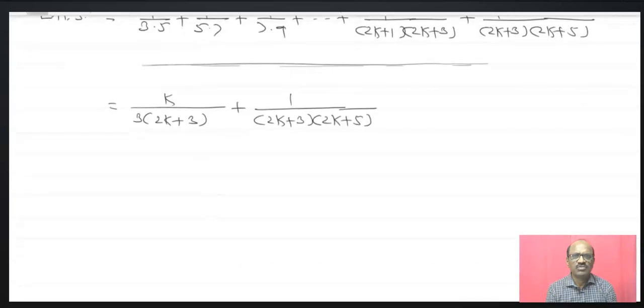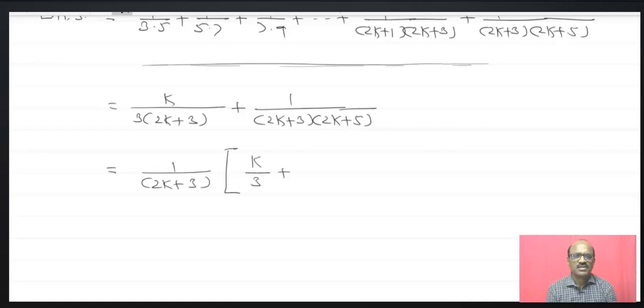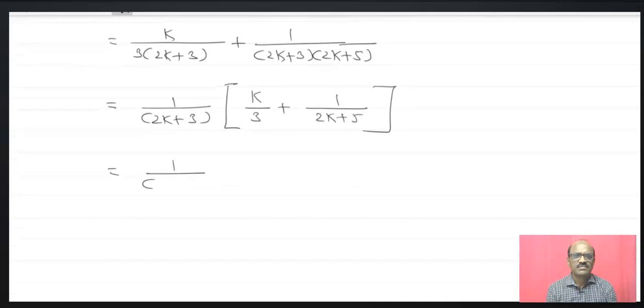Take 1 upon 2k plus 3 as common. Therefore 1 upon (2k plus 3), k by 3 plus 1 upon (2k plus 5), and now simplify this.